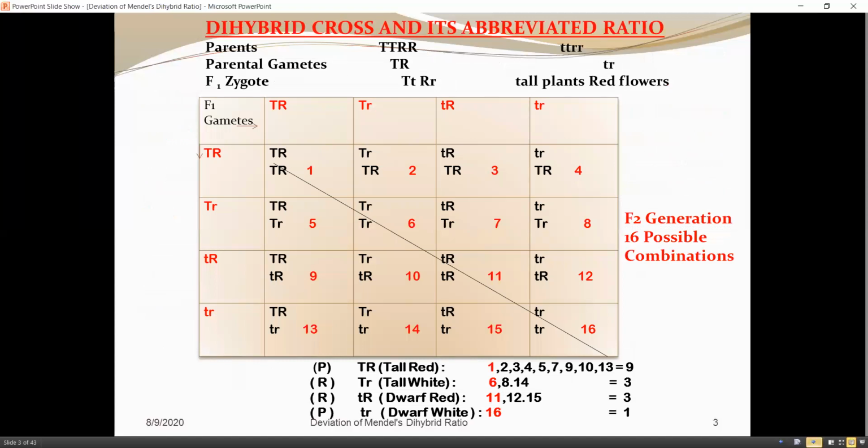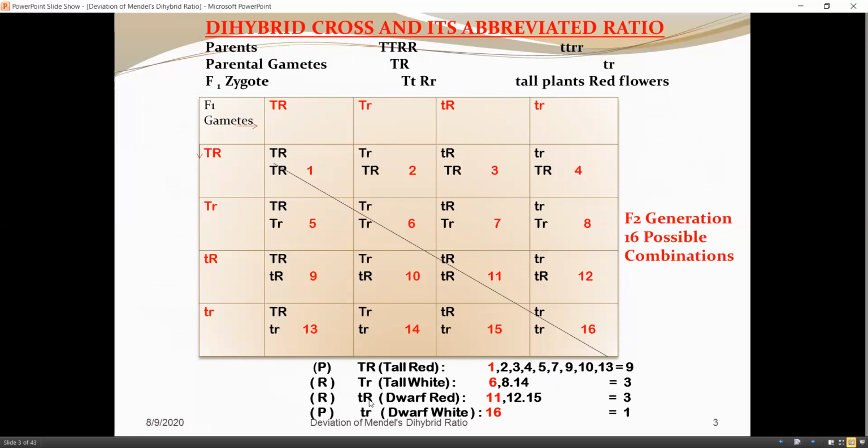Now this slide shows the dihybrid cross genetical expression, and we can see 16 possible combinations, of which 9 combinations show tall plants with red flower. Numbers are 1, 2, 3, 4, 5, 7, 9, 10 and 13, where there is capital T and capital R. Combinations in which there is capital T and small r are tall plants with white flowers, 6, 8 and 14.